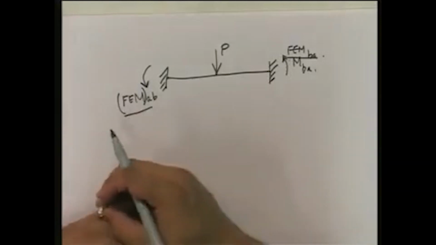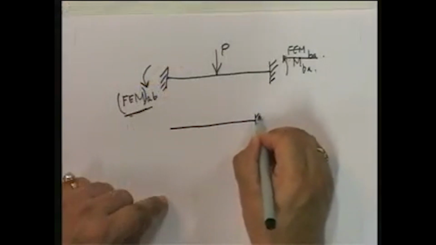Now, if you look at normal books, at the back of the book you will always see that given various kinds of loads, they will give you expressions for these fixed end moments.